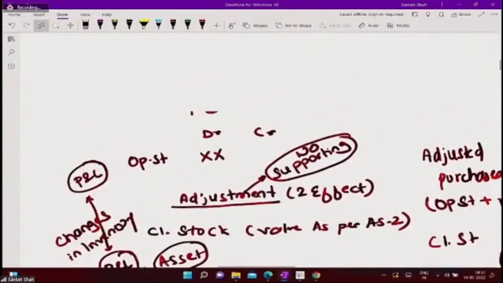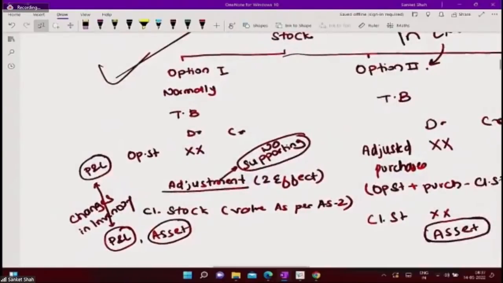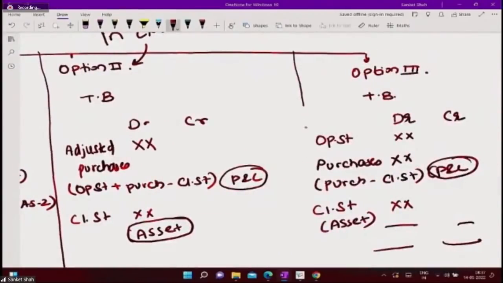This is option number 1. Where to present it? Then what is option number 2? In the trial balance, in adjustment, you do not have this closing stock.